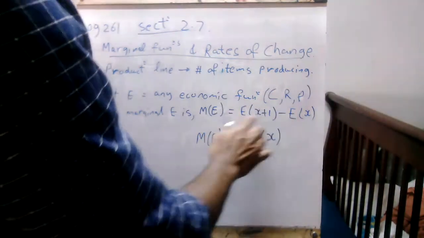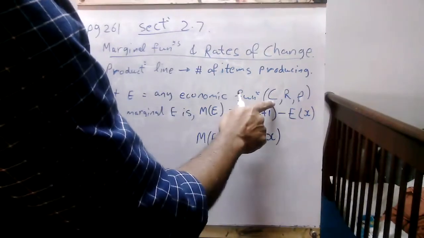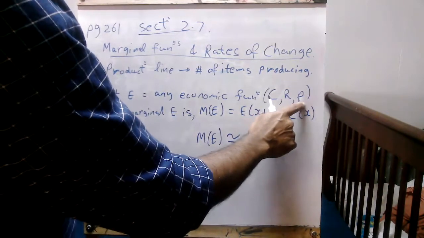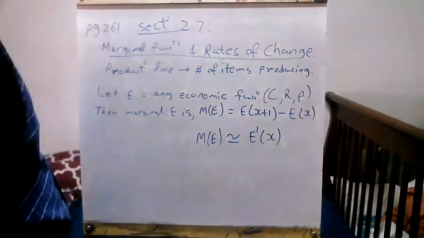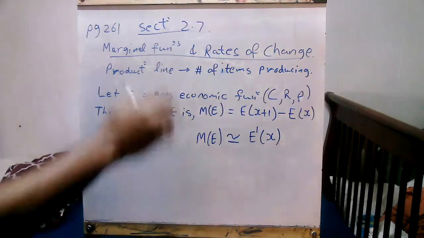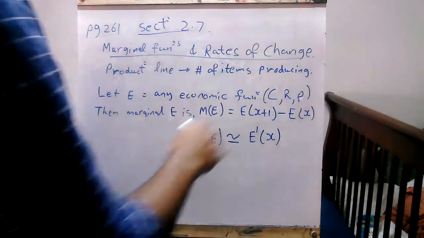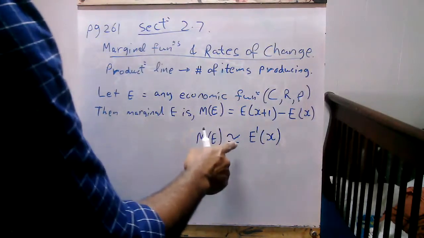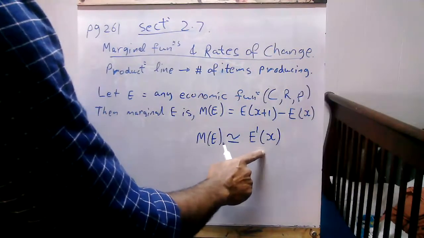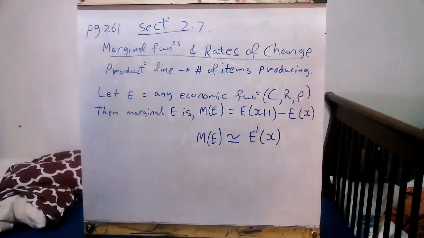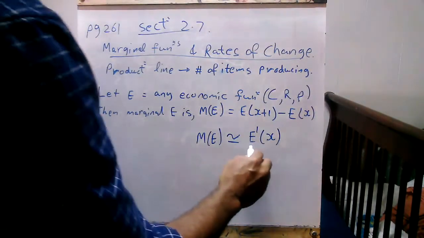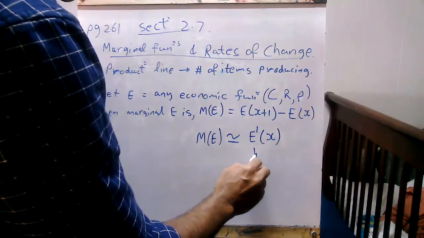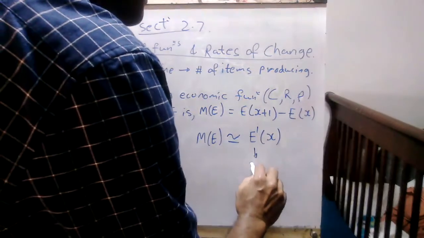So this E could be C cost, R revenue or profit P. And this marginal economic function we approximate using the derivative of the economic function given. This is E dash, the derivative.